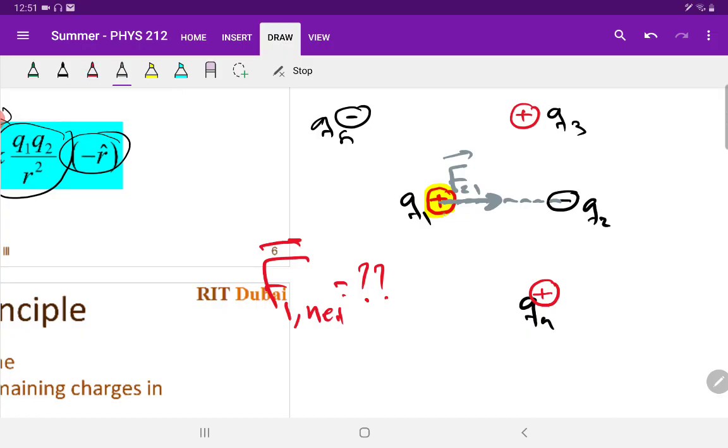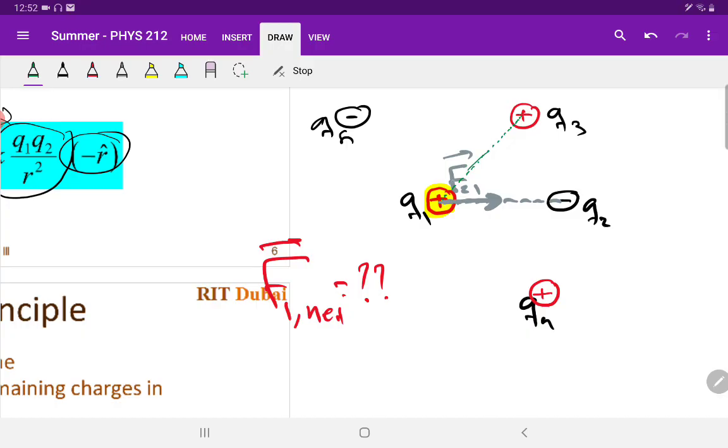That's the first one. We know that there is also an interaction of Q1 with Q3. This one is positive, the other one is also positive. How can we describe this? The first thing we do is draw a line that connects these two point charges, and I know the force between Q1 and Q3 will be parallel to that line. In which direction? It depends on the charge.